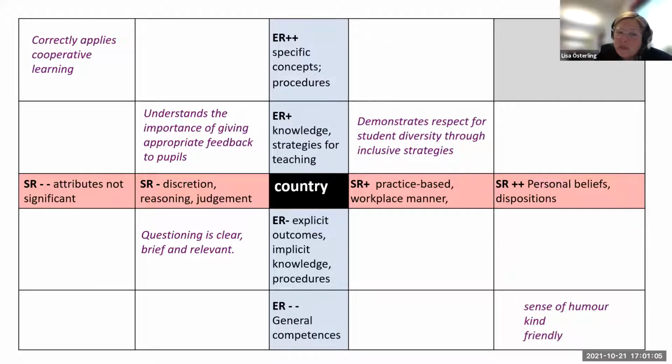So this was the thing we really tried to distinguish between: is it really SR++ when it is within the person, with the knower's own beliefs and dispositions, or is it something that can be demonstrated, like workplace manner, but where it's more weakly related to the knower. So these categories also involve the things that we were actually interested in distinguishing between.